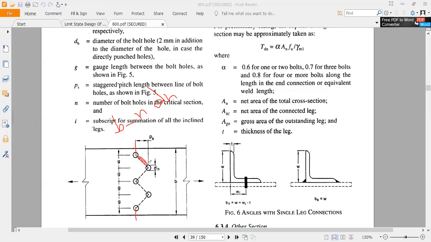Now this area is getting added along the line. Okay, this area is getting added, this is added, and this is added. In between the holes there is some material, and these are getting added. So we have to add that area also.